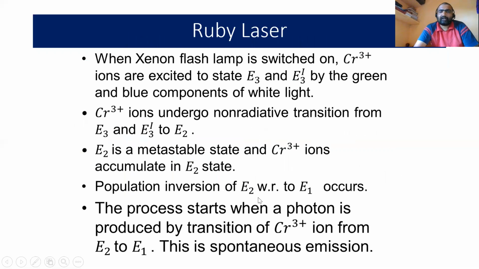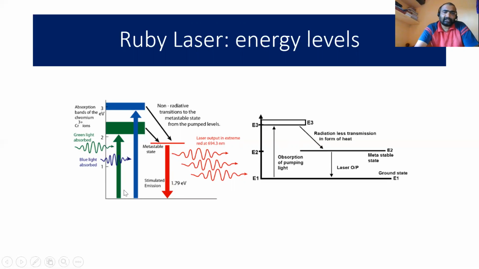Population inversion of E2 with respect to E1 occurs. Slowly, chromium ions from the ground state will be pumped into the E2 state. By absorption of green and blue photons, these chromium ions go to these particular states and immediately fall down to the E2 state.